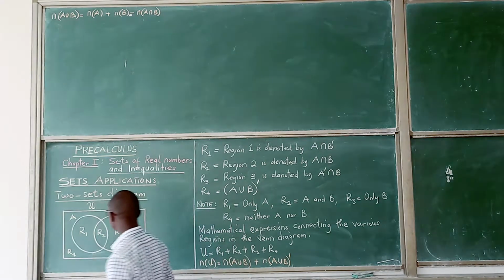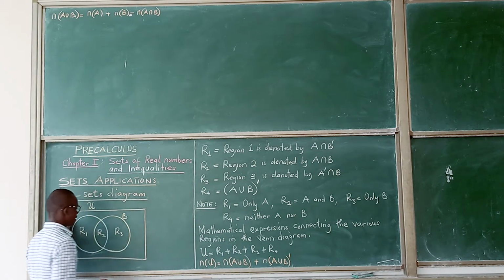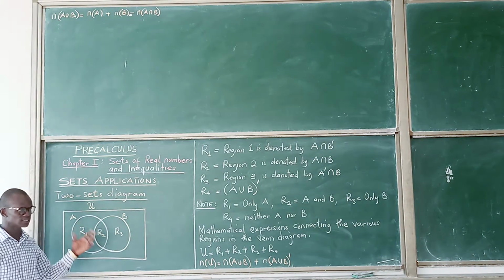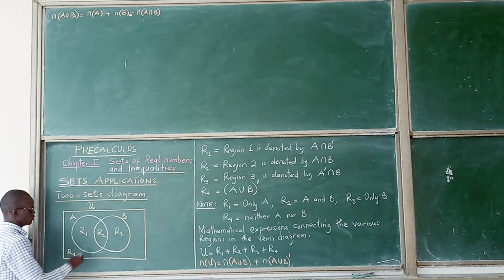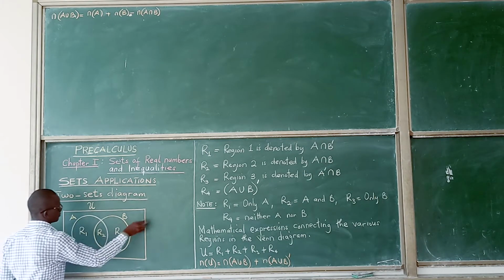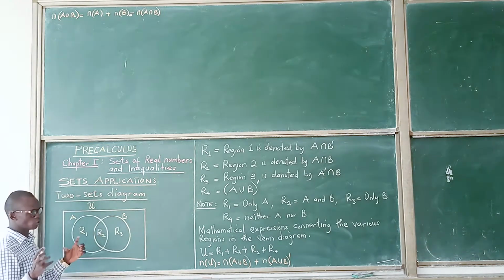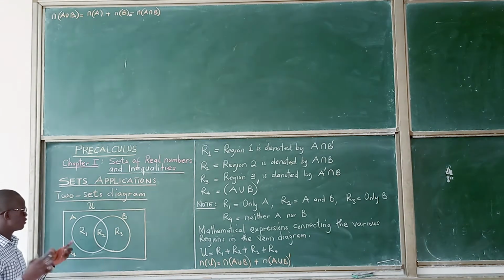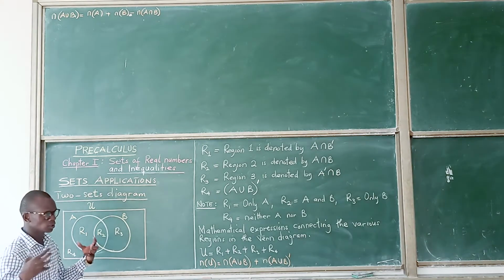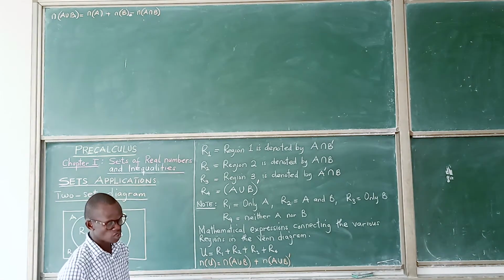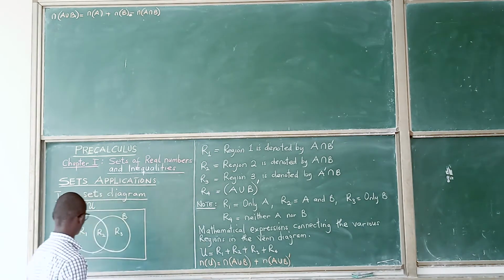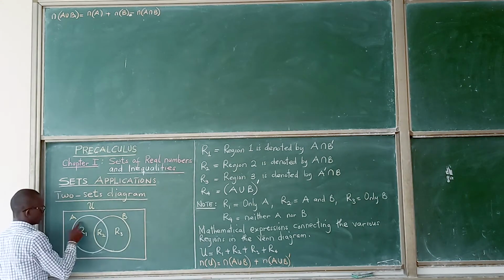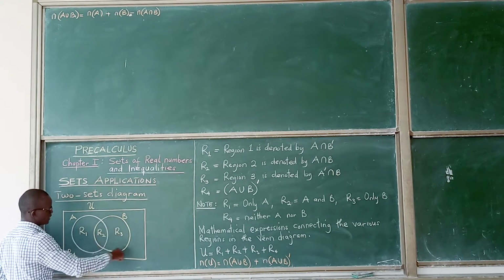So let's consider a diagram that has to do with set A and set B, considering two distinct sets. If we draw a Venn diagram, which is a pictorial representation of any given set, whenever we want to show the picture of a set, we normally use the Venn diagram.